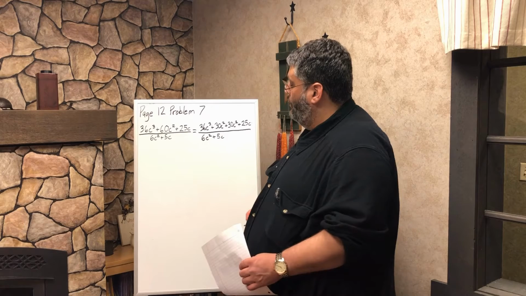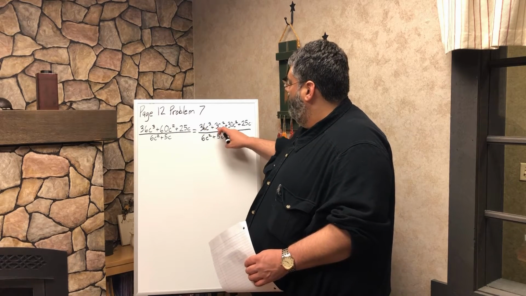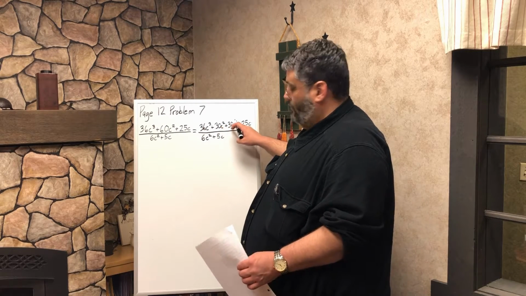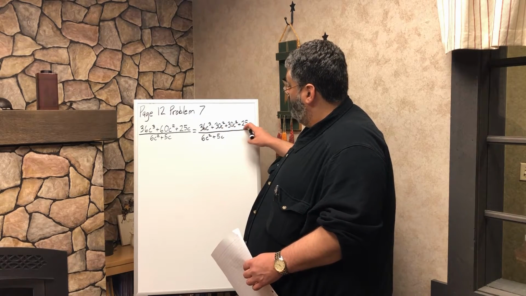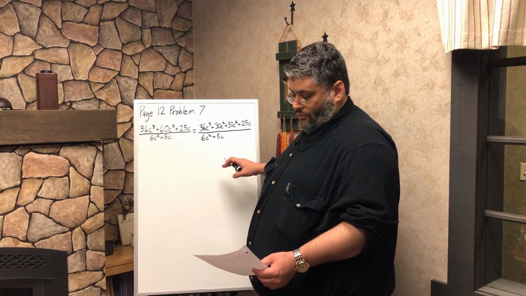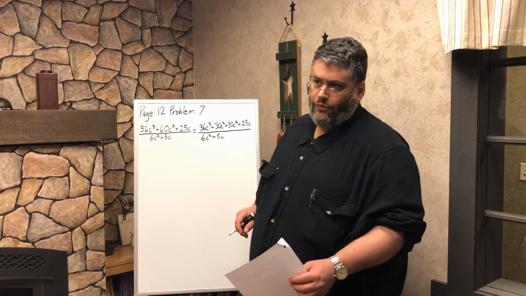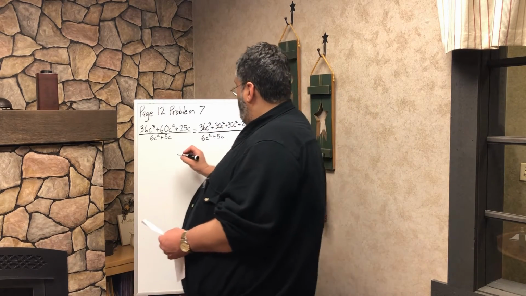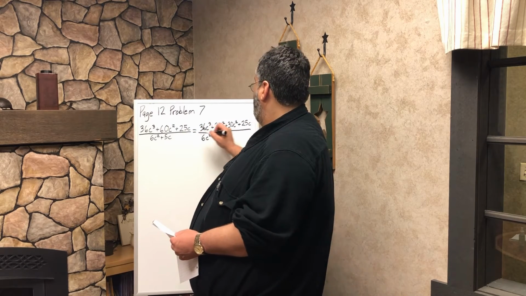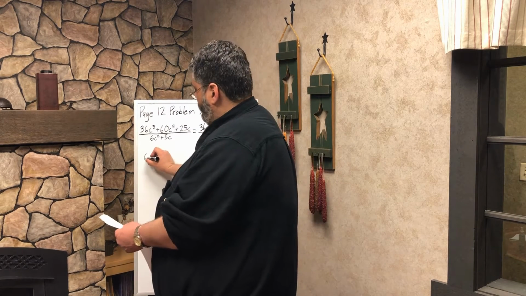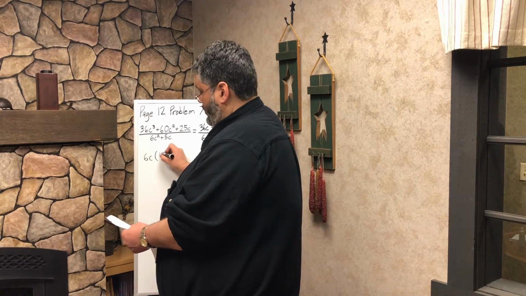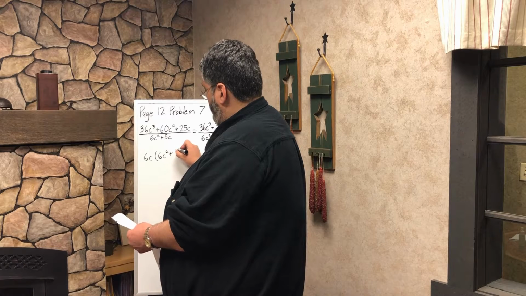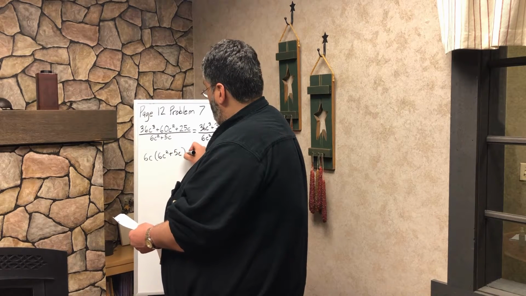Now what we can do is take a 6c out of here, and then we can take a 5 out of here. Let's take a 6c out first. So we get 6c times (6c squared plus 5c).